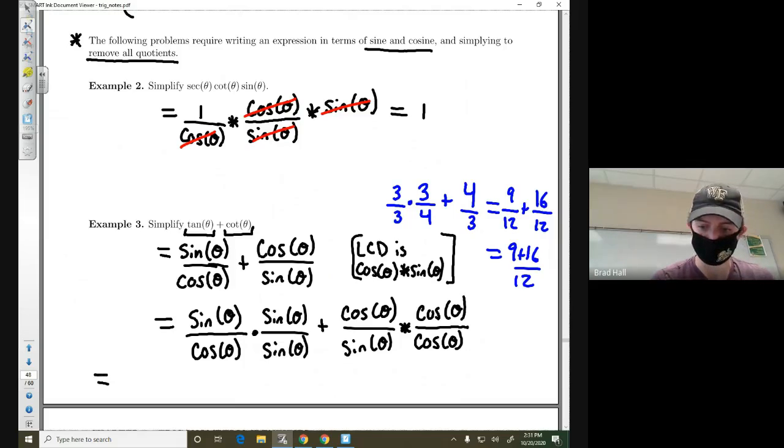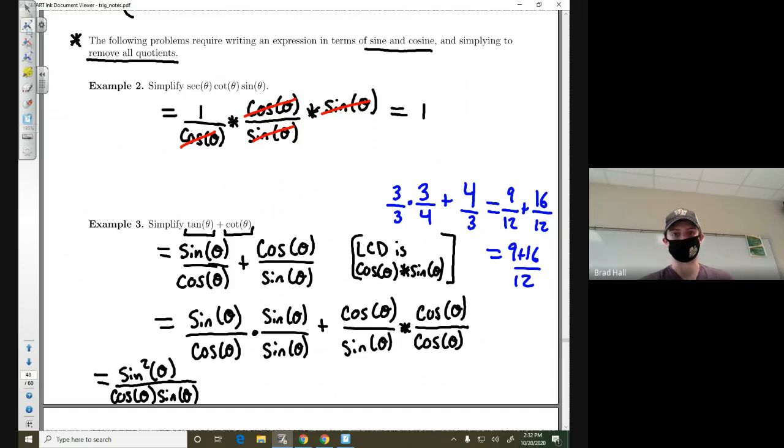So let's bring all of this together. Remember how fractions multiply. They multiply straight across, numerators and denominators. Sine times sine is sine squared, divided by cosine of theta, sine of theta. That's the first product of fractions. And then there's the plus sign. Now we have cosine of theta times cosine of theta.